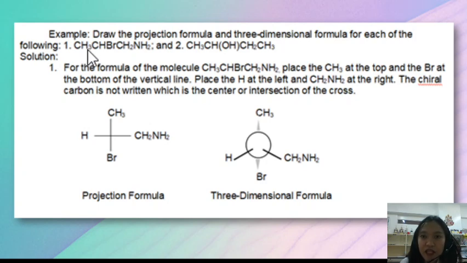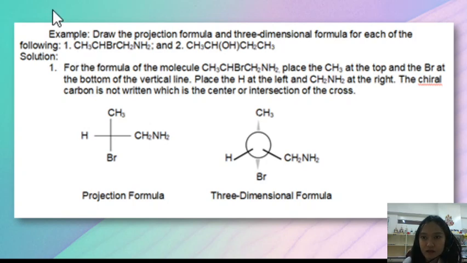So you have 3 hydrogen atoms and 1 carbon atom. Now, does that carbon contain 4 different functional groups? No, because there are 3 similar hydrogen atoms. Correct? So, parehong tatlong hydrogen atoms. So, that carbon is not a chiral carbon atom.